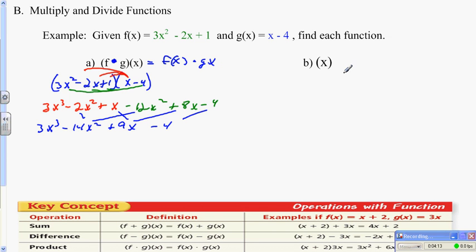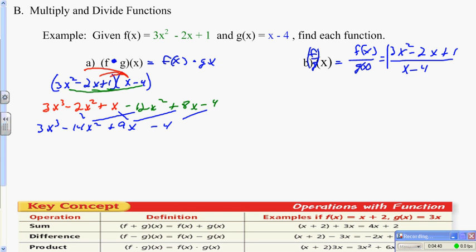The next one, and there's something missing here, I apologize for that, but this is f over g of x. And that's telling us to take f of x and divide it by g of x. So that means we have 3x squared minus 2x plus 1 over x minus 4.